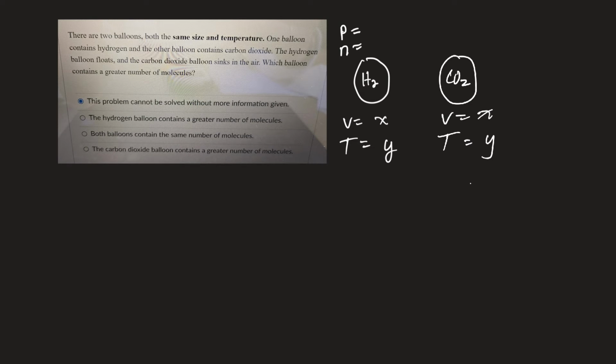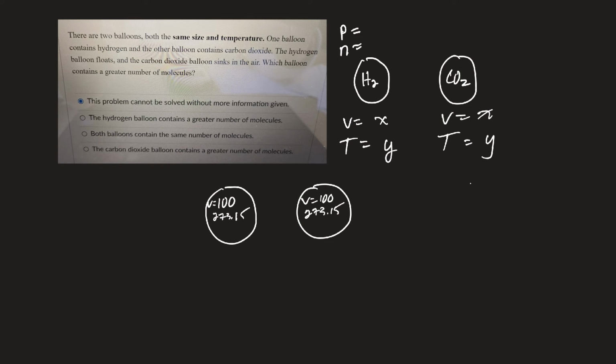Okay, let's maybe get a clearer picture of this. So I have a balloon and another balloon, and the volume of this one is the same as that one. Say the volume's 100. And say the temperature is 273.15, and this 273.15.